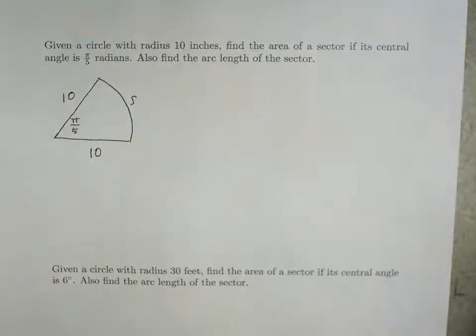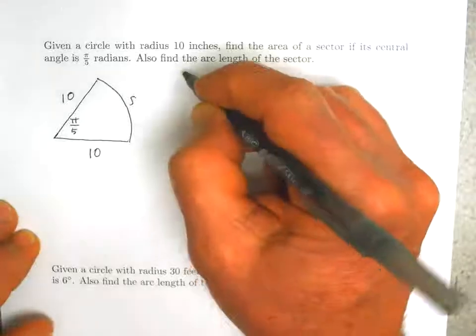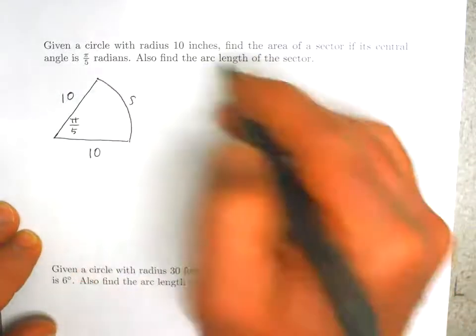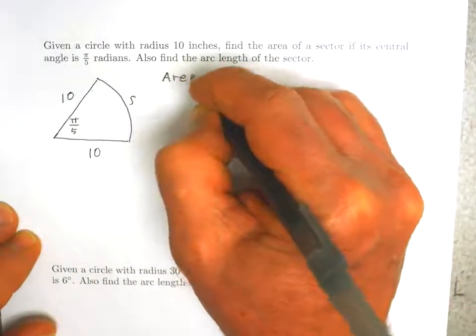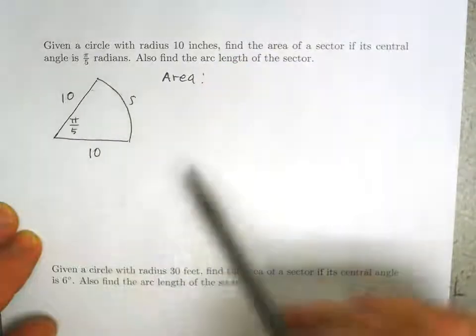So first, let's find the area. So the area of the sector is just a fraction of the area of the entire circle.